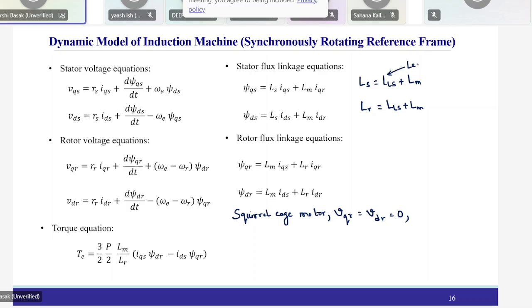And we have something called a leakage factor, which is given by sigma equal to 1 minus LM square divided by LS into LR. Okay. So this is what is called the leakage factor. Right.